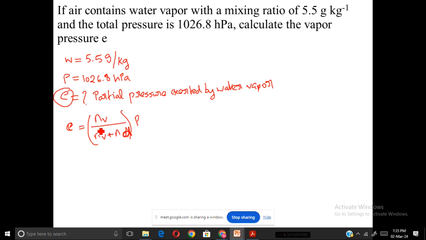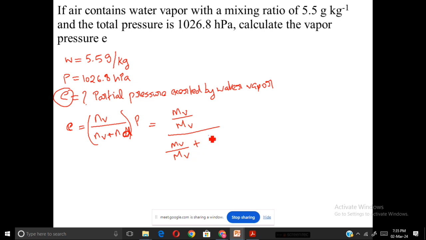So it is basically proportional to the number of moles of the constituent in the mixture. In the mixture that we are considering, how much vapor is present, it is proportional to that. So E can be written as the number of moles of vapor to the total number of moles of the mixture, NV plus ND, into the total pressure P. Number of moles is given as the mass of water vapor present divided by the molecular weight of water vapor.